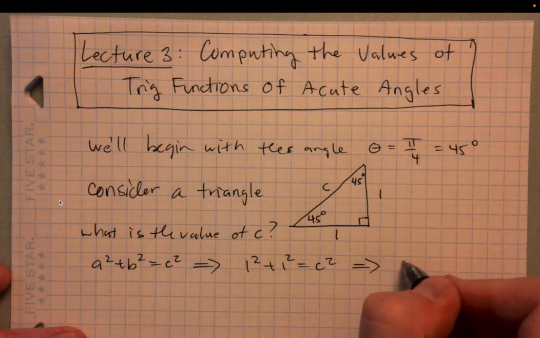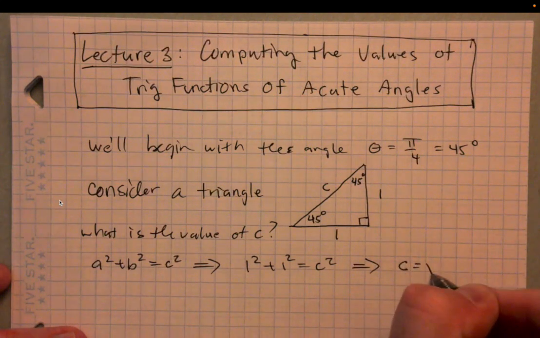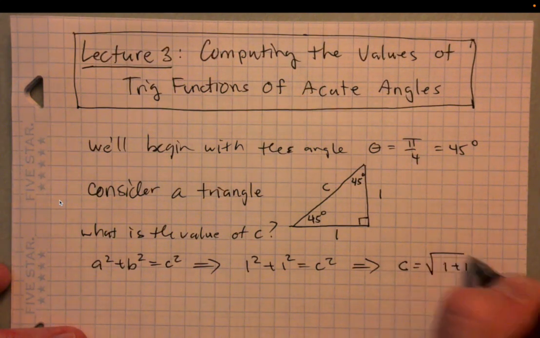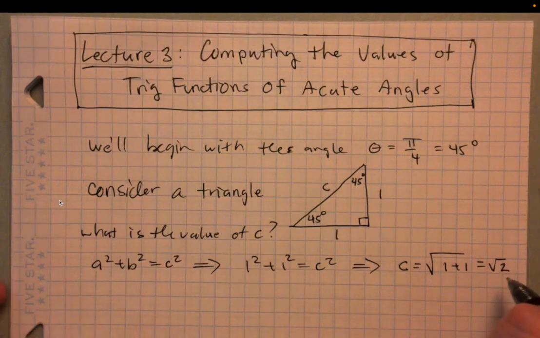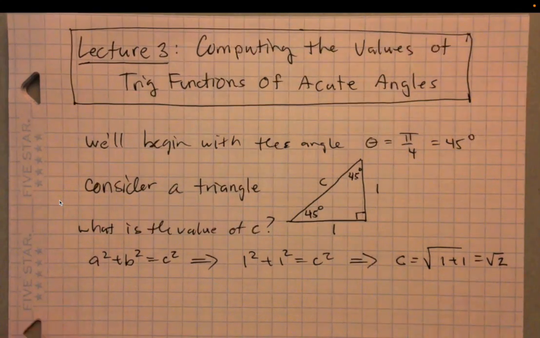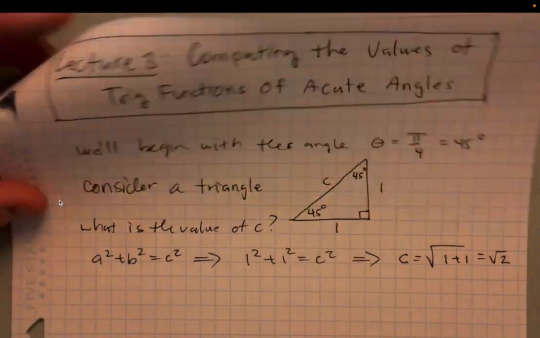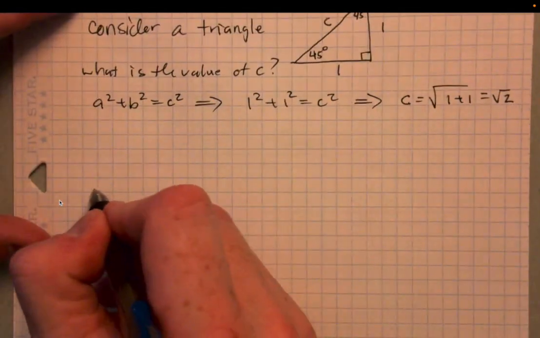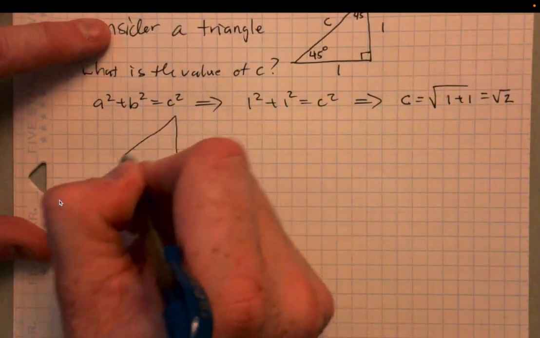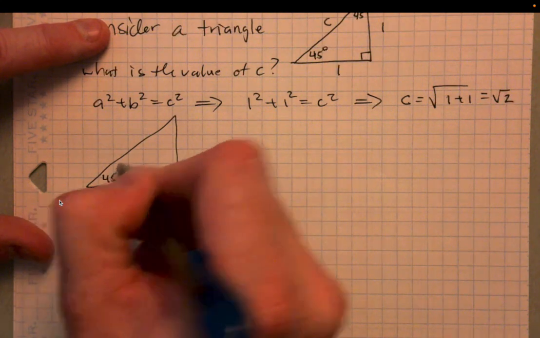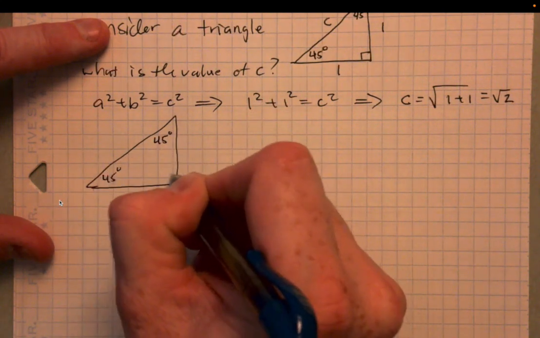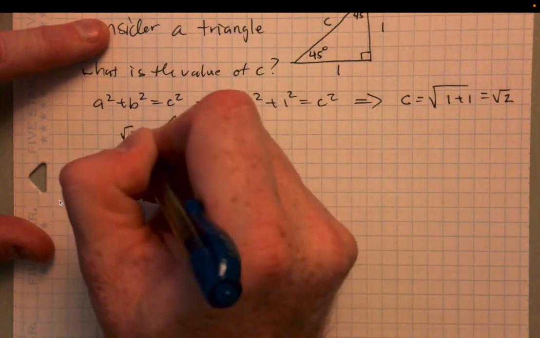And so c is equal to the square root of 1 plus 1, which is just the square root of 2. So this guy here is the square root of 2. Let's redraw it down here where we can reference it: 45 degrees, 45 degrees, 90 degrees, 1, 1, and the square root of 2.